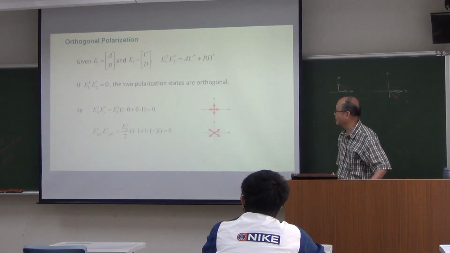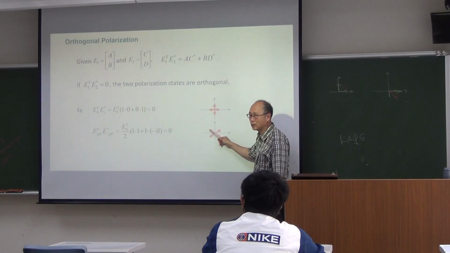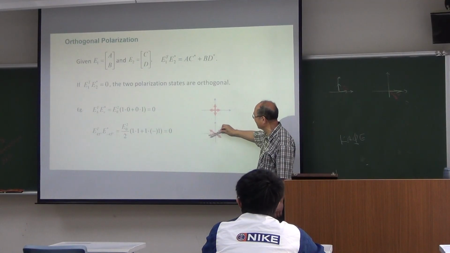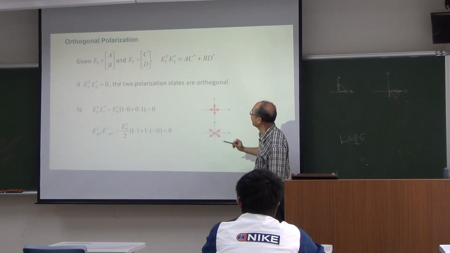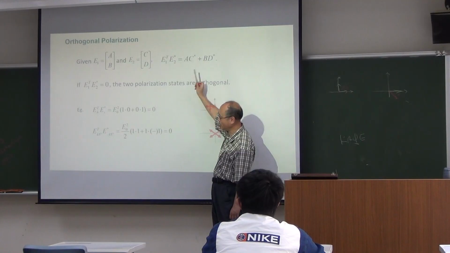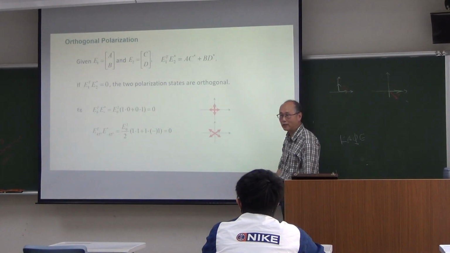And another thing is that this is a 45-degree polarized light, and this is a 45-degree polarized light. If I have a 90-degree rotation, then do a check with this calculation, you get nothing. So this means that these two polarizations are perpendicular to each other.